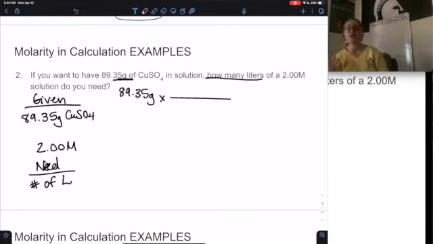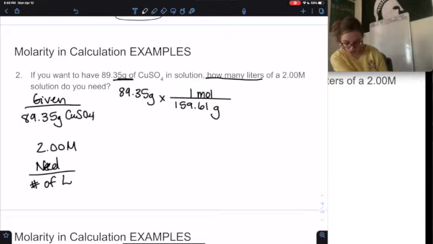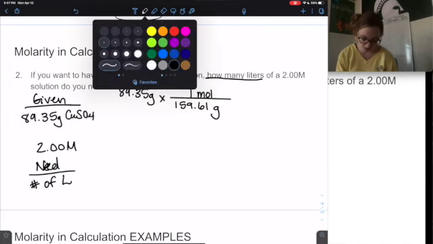If I do that calculation, I find I have 159.61 grams for every 1 mole. Remember, we want grams to cancel out and be left in moles. So I'm going to put grams on the bottom, so 159.61 grams goes on the bottom, and on the top we just have 1 mole. Remember, our periodic table shows us the information in grams per mole, so I have to make sure I'm using my conversion factor correctly by making sure my units cancel.